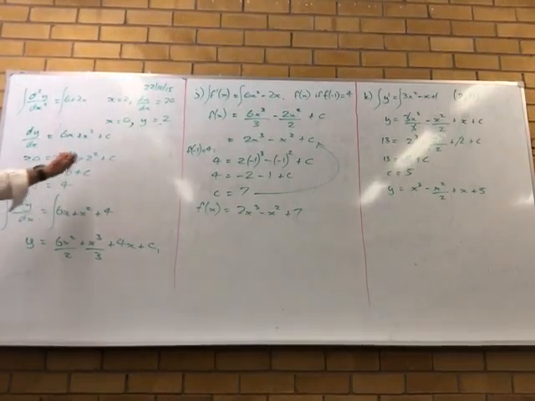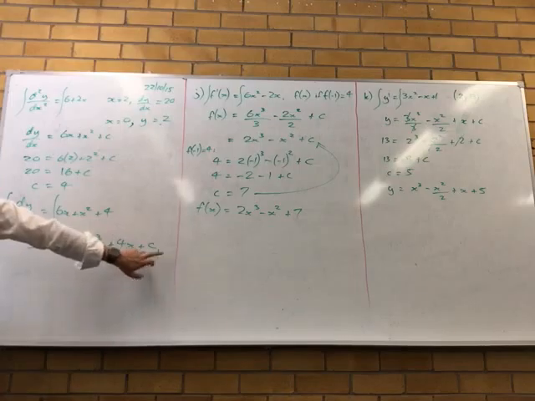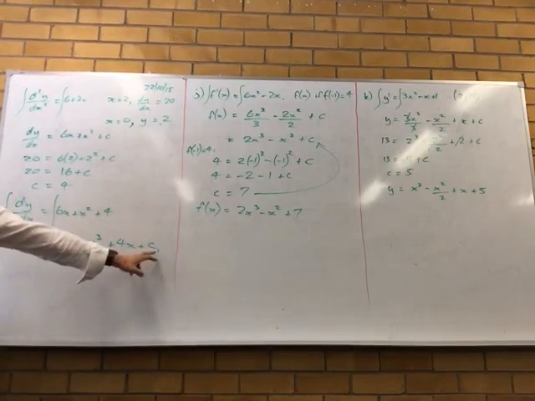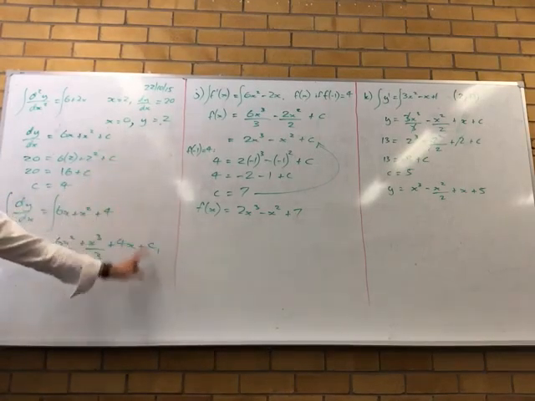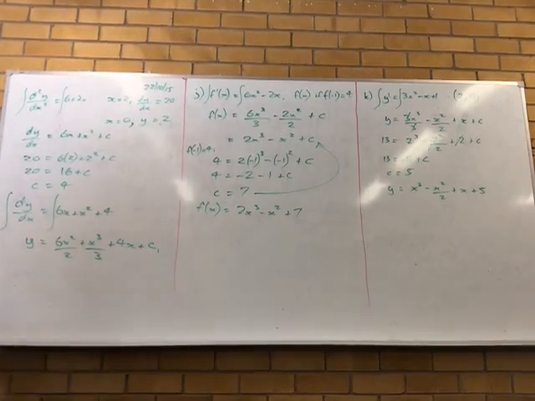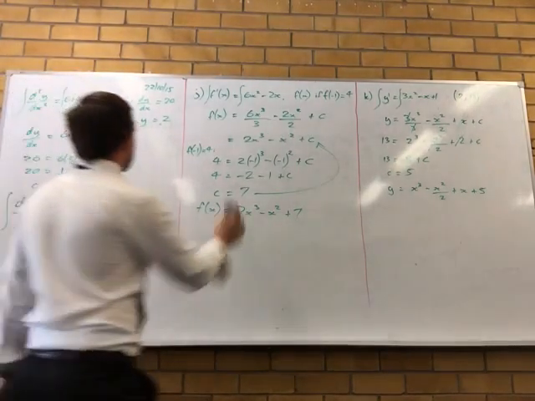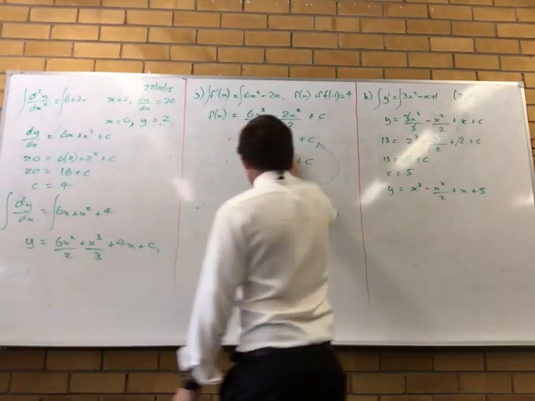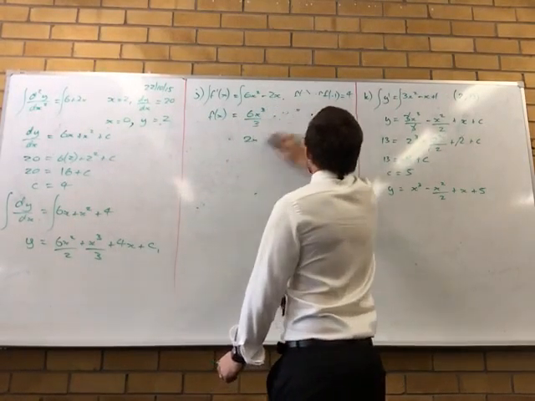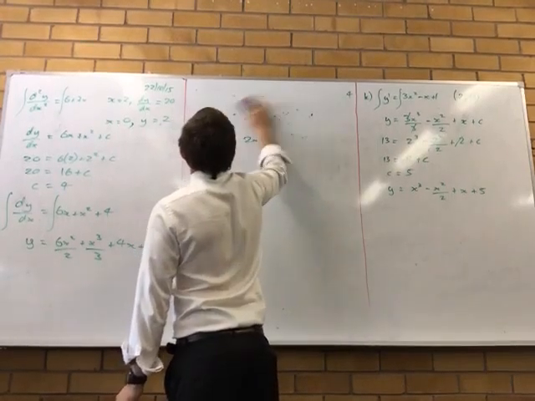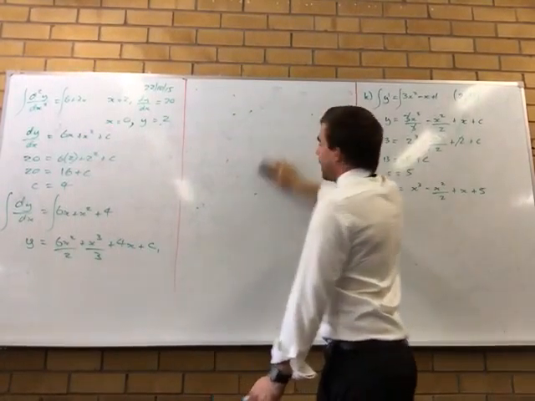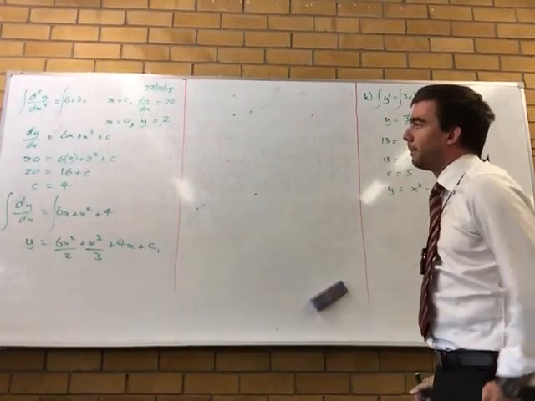Now, you will get away if you just left it as C, however, we don't want to fall under the impression that these are the same values. So that's why I've labelled it C1. It's just a habit, I don't want you to get confused about that.